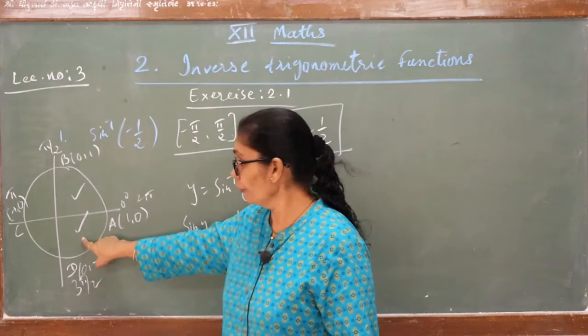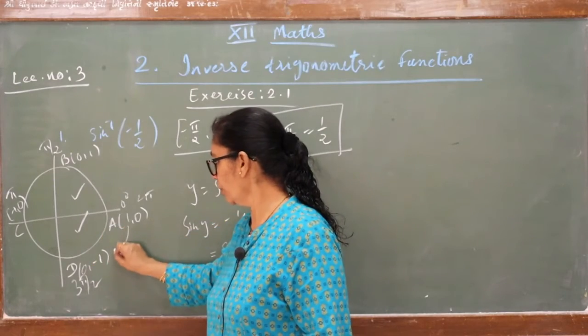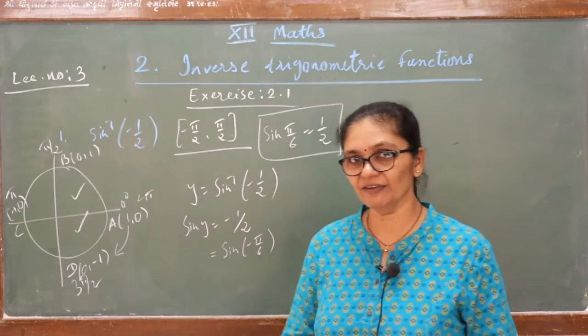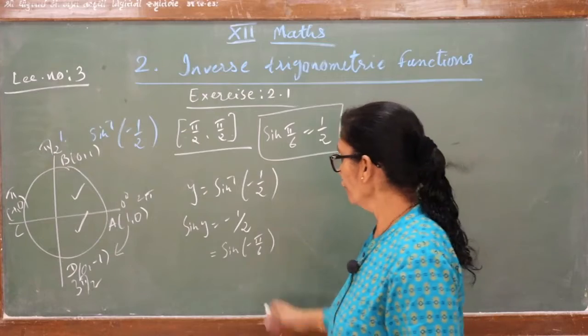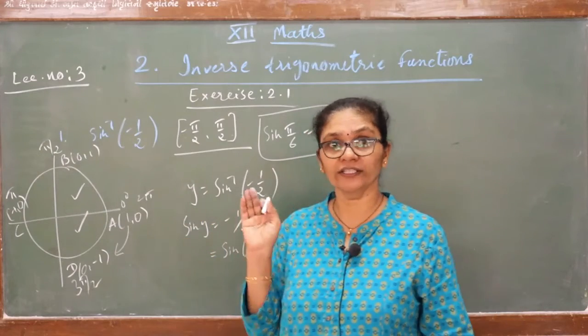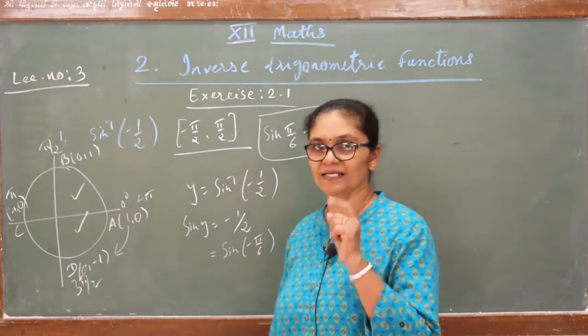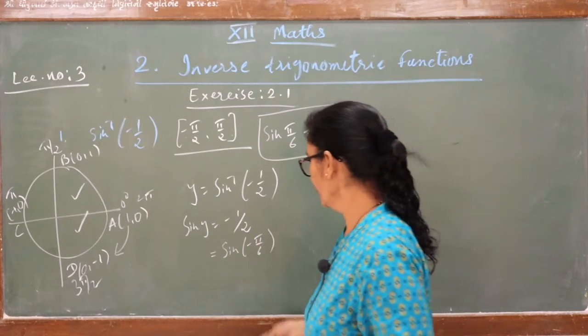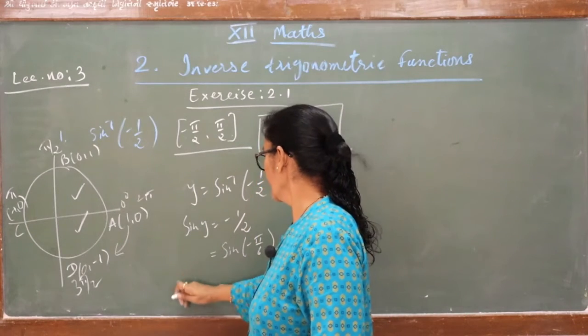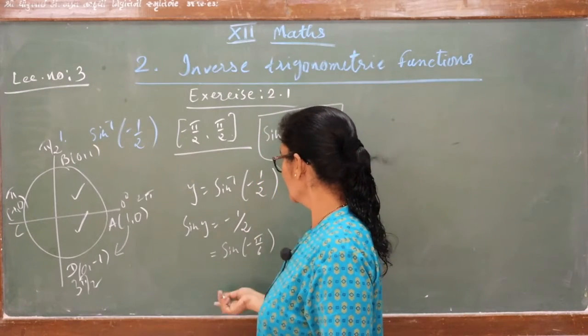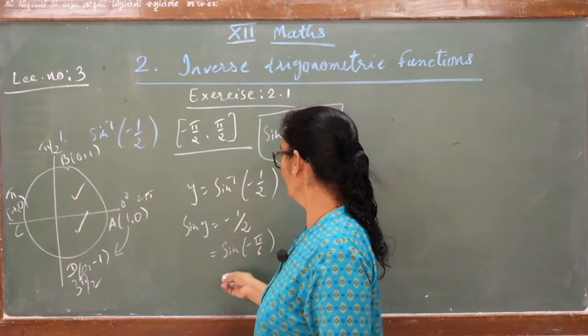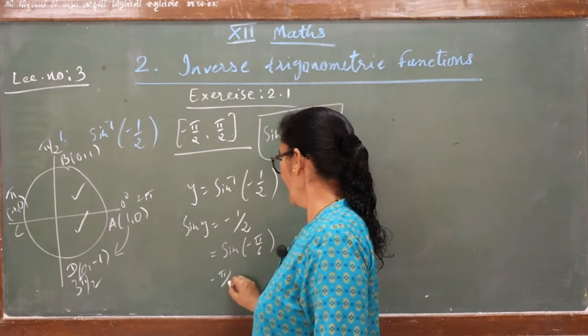Because in the fourth quadrant, if you go anti-clockwise, then we write with a minus sign. So remember, for sine and for tan, when we go anti-clockwise, we write with a minus sign, and for cosec also. So we can cancel the sine, and your angle will be minus pi by 6.